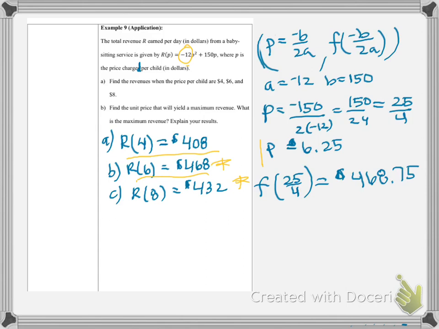So you can sort of conjecture why that might be the case. But basically with this quadratic function we're given, what this is saying is that in order to get your maximum profit, you should charge $6.25. And your maximum revenue with this particular function is going to be $468.75. So that's the meaning of that.